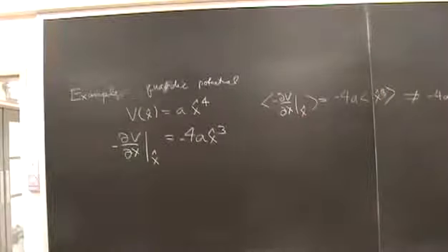So only if delta x, the uncertainty, the fluctuation, is much, much less than variations in V. If the particle is extremely well localized compared to the way in which the potential changes, then it doesn't see that.